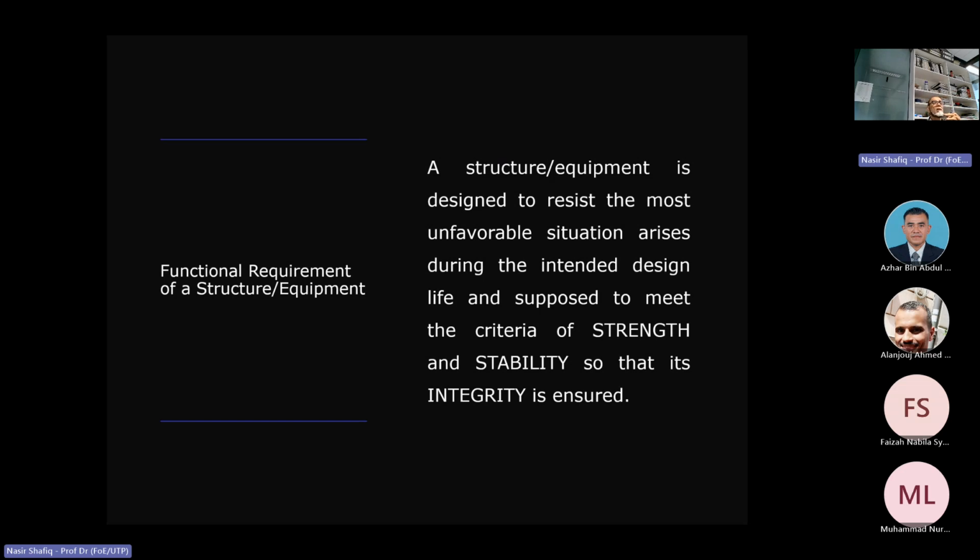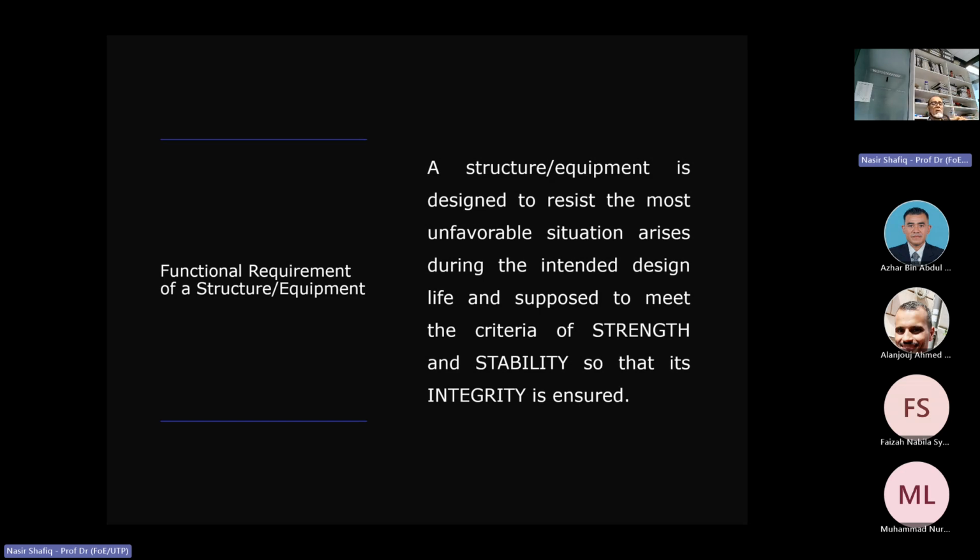From the functional requirement of a structure or equipment, anything is designed to resist the most unfavorable situation arising during the intended design life and is supposed to meet the criteria of strength and stability, right?